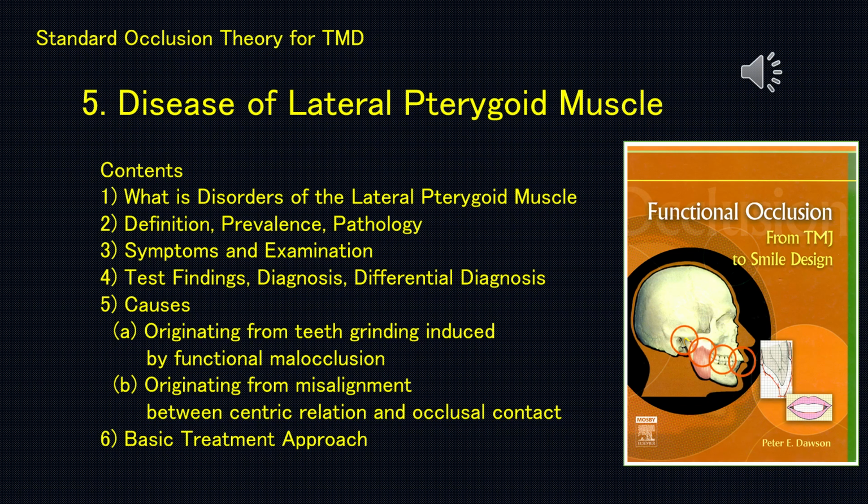Test findings, diagnosis, differential diagnosis. 5. Causes. A. Originating from teeth grinding induced by functional malocclusion. B. Originating from misalignment between centric relation and occlusal contact. 6. Basic treatment approach.